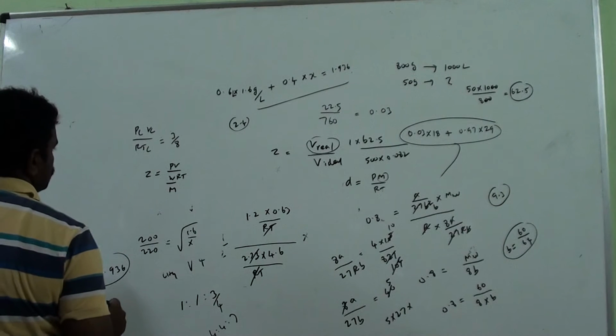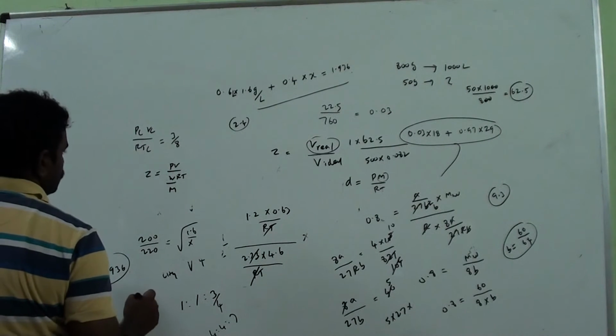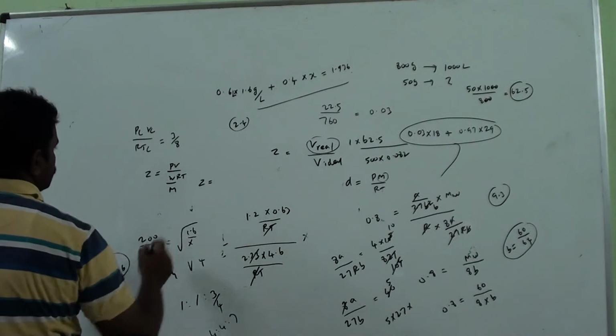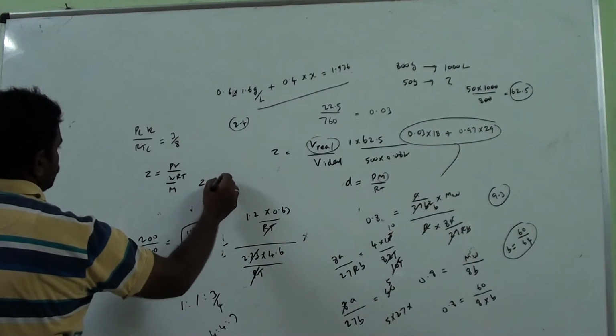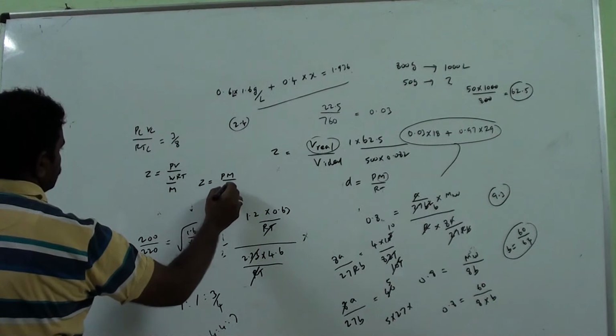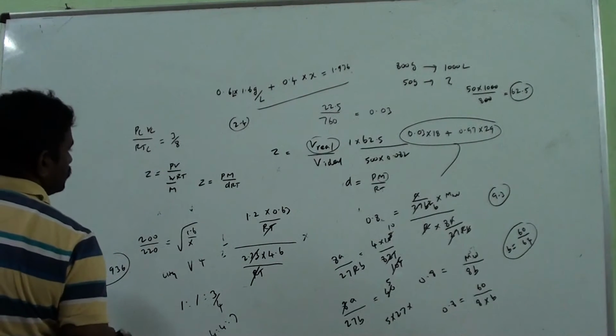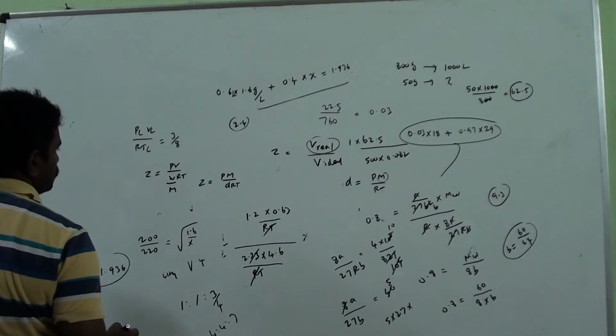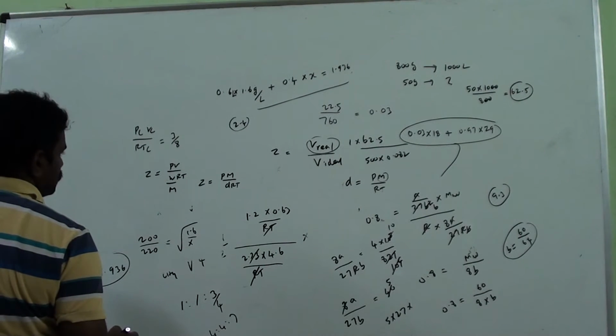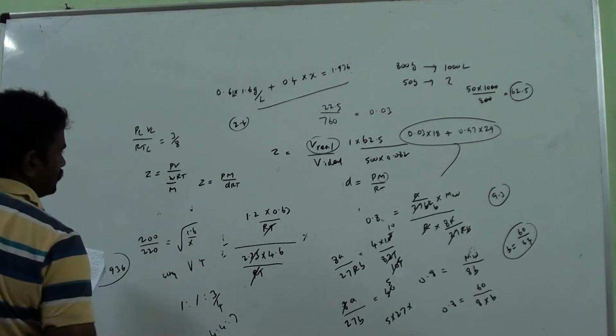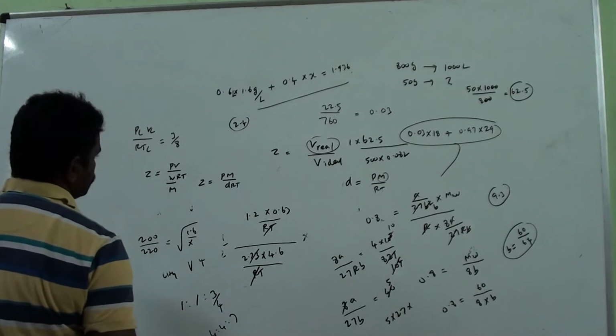மாலிகுலர் வெயிட் மேலே கொண்டு போயிட்டா ஒன் டென்சிட்டி ஆகிடும் சார். வெயிட் பை வால்யூம், so PM by DRT வரும் சார். Z equal to PM by DRT. இது PC, TC சார். P வந்து PC இருக்கும், T வந்து TC இருக்கும் சார். Z equal to 3/8 சார். ஓகே.